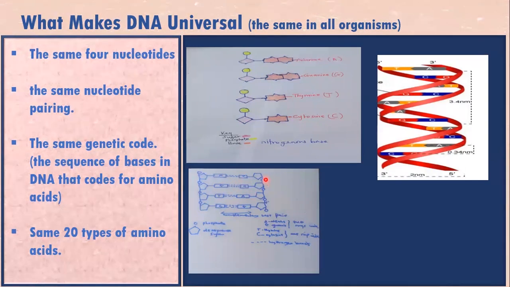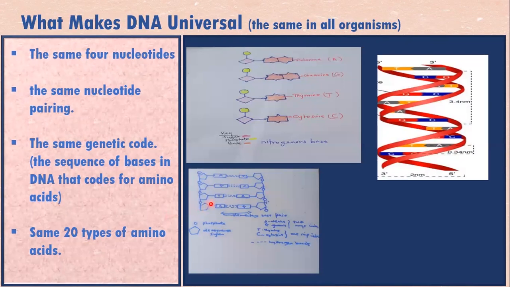These 3, if they code for one amino acid, it is the same code that codes for that amino acid in all organisms. So it's the same 4 nucleotides, the same nucleotide pairing, the same genetic code coding for the same amino acids in all organisms, and it's the same 20 types of amino acids in all organisms.